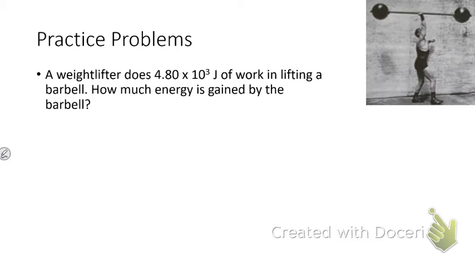Okay, so without even doing any calculations, based off of this formula that we just talked about, change in energy is equal to work done. So, if a weightlifter does 4.8 times 10 to the 3 joules of work in lifting a barbell, how much energy is gained by the barbell? 4.8 times 10 to the 3 joules.